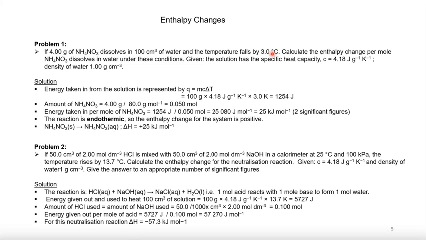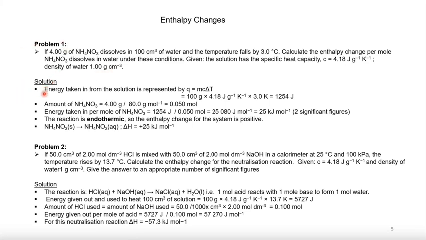As we said, the solution's specific heat is the same as water, 4.18 joules per gram per Kelvin, and the density of water is given as 1 gram per cubic centimeter.